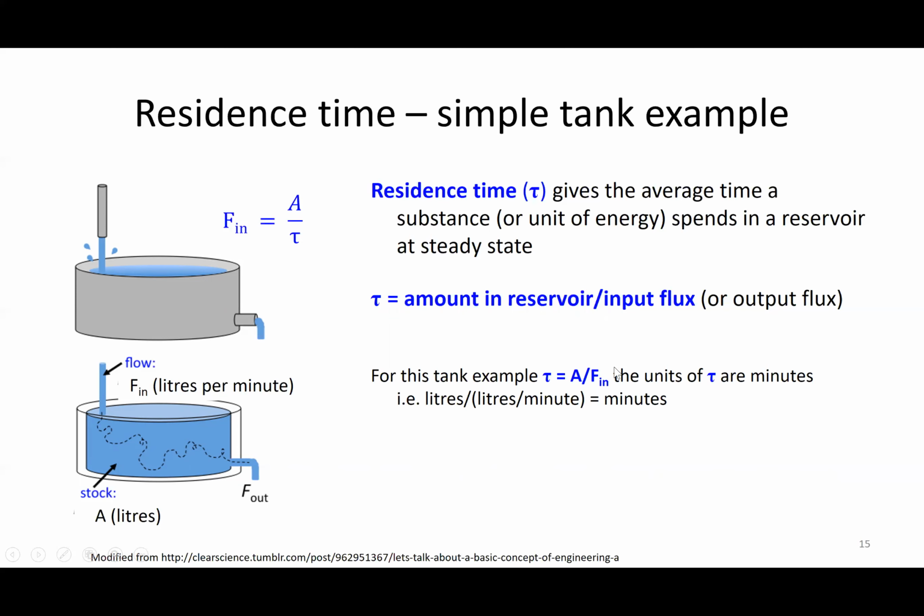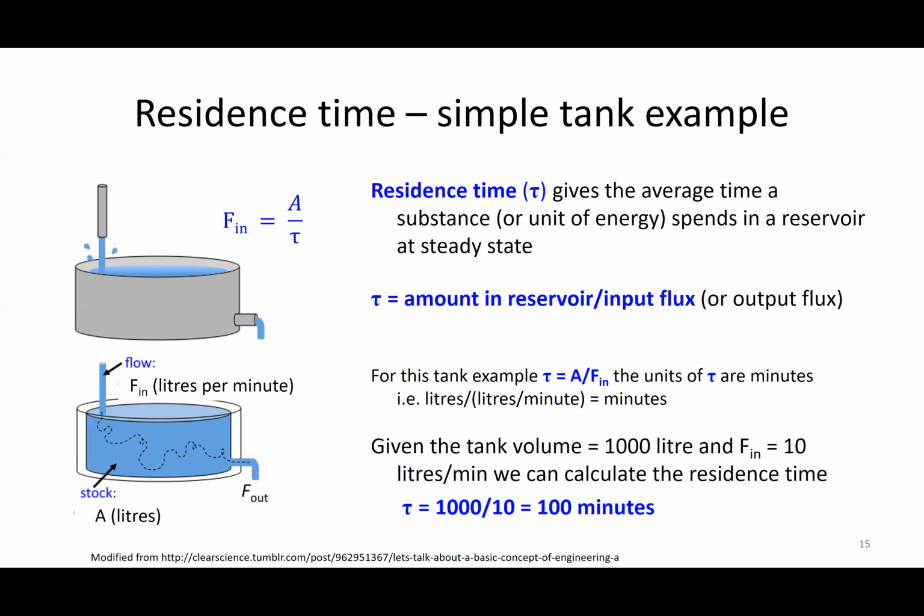And so for this tank example, tau equals the amount divided by the flux in. The units of tau are minutes, because over here we have the flow in given in litres per minute, and the stock, or the amount of water that's in the tank, is given in litres. And so the residence time units are in minutes.